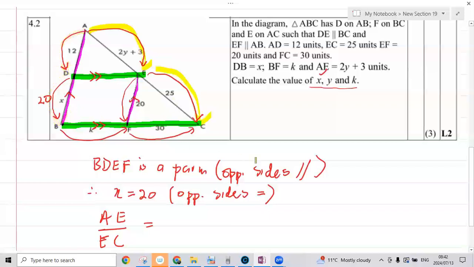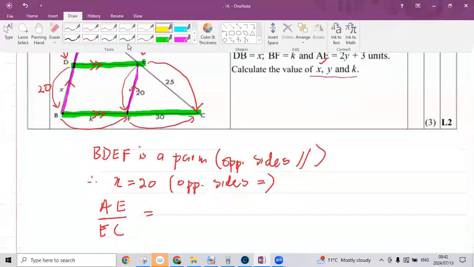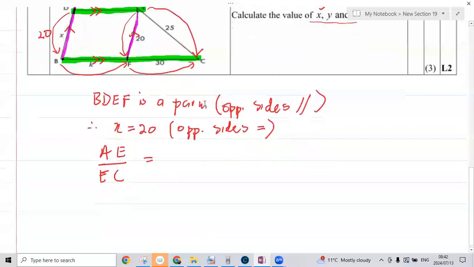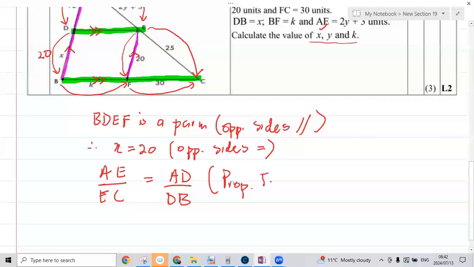And the reason for that is because of the proportionality theorem and because DE is parallel to BC. So let's write that down. AE over EC equals AD over DB. Then here I'm going to write down my reason, proportionality theorem.